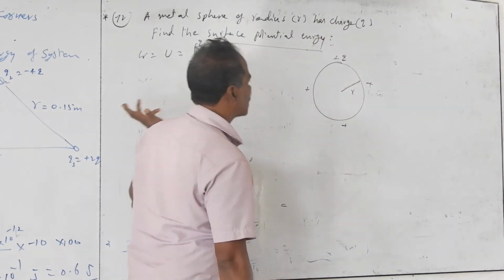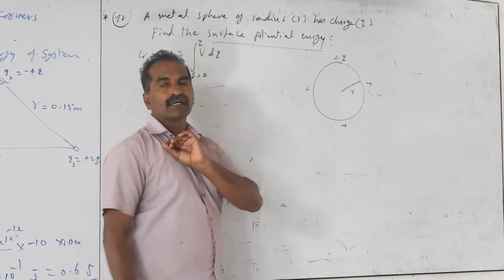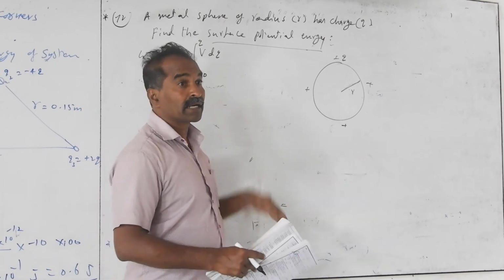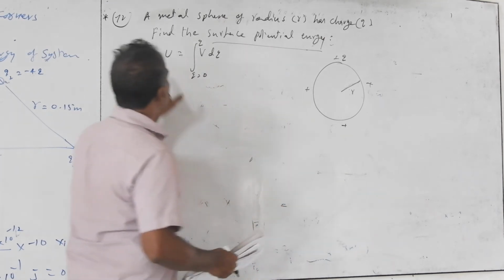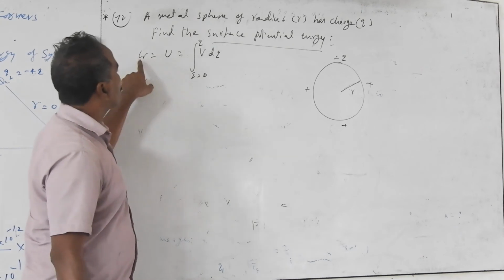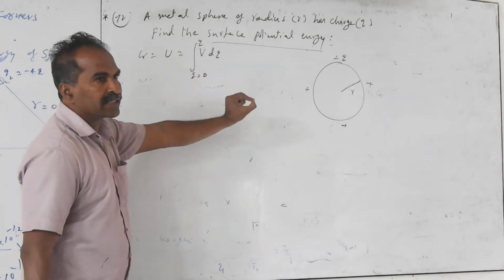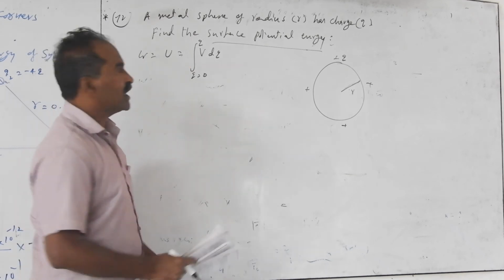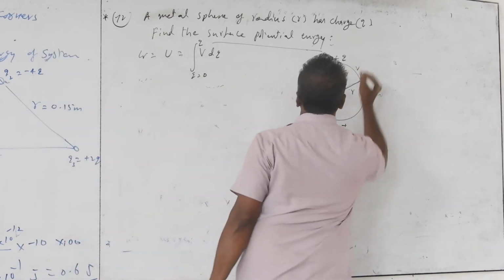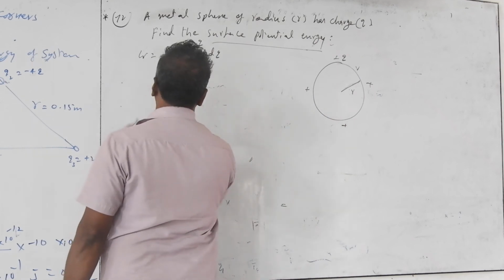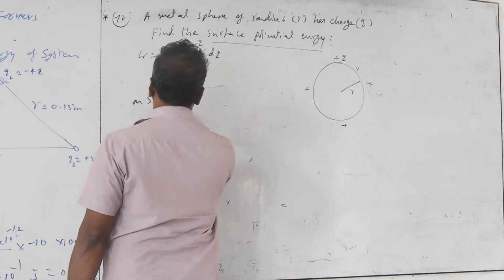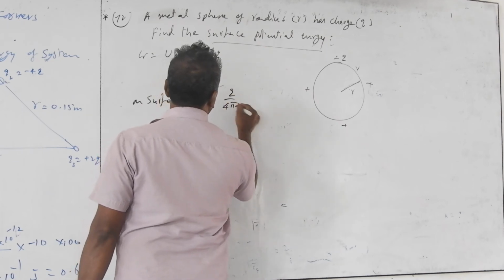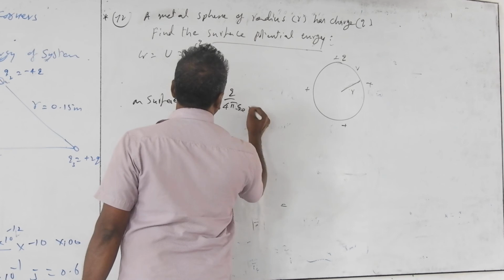Same formula as before, but a small variation comes in the denominator: half times 1 by 4 pi epsilon, into half. That formula, but q becomes q square. What is the formula for work done? For a small charge dq added to the surface, the work becomes equal to V dq. What is V on the surface of the sphere? We have already discussed this. V near the surface of the sphere is q by 4 pi epsilon naught r. That is the formula.